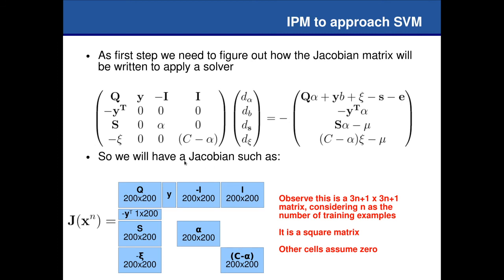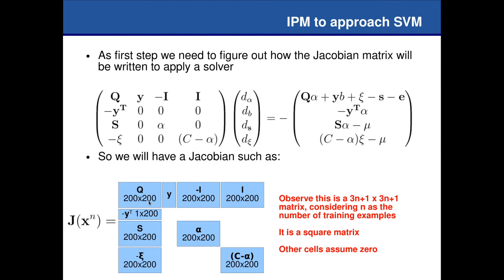This is something I need to tell you. The Jacobian matrix, again, has to be a square matrix. If it has to be a square matrix, I need to be sure it will be one. Here, I just considered something. Consider I've got 200 input examples. If I have 200 input examples, when I compute the matrix Q, that will be 200 by 200. Why?